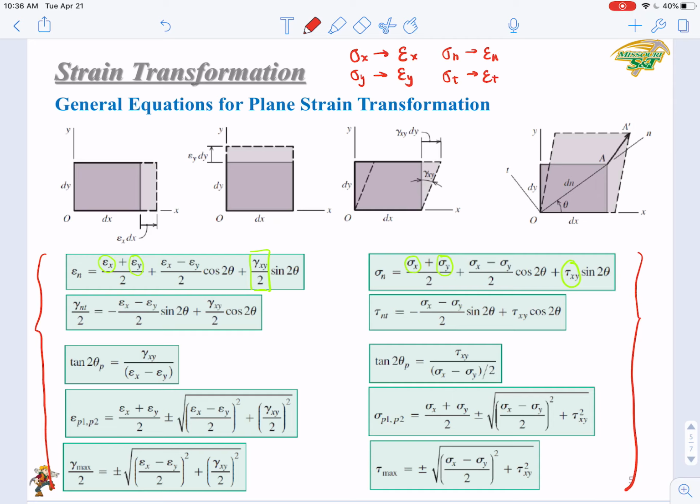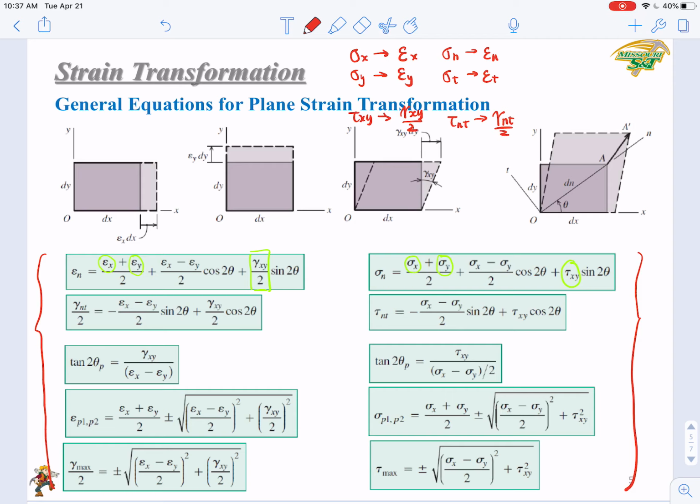Then tau xy will become gamma xy over 2, not gamma xy. In the same way, tau nt will become gamma nt over 2. Everything about shear will become shear over 2. That is the difference.